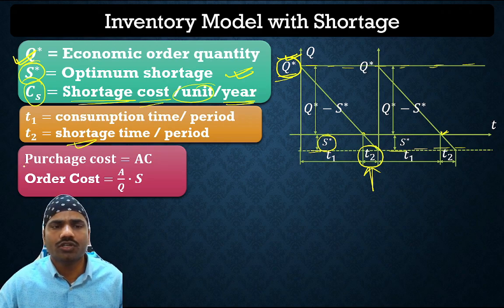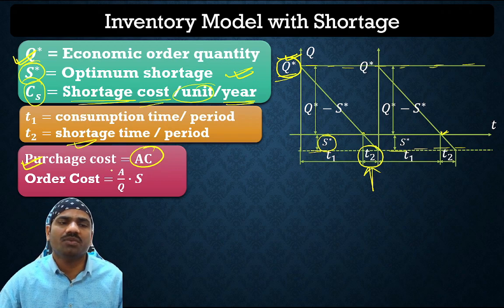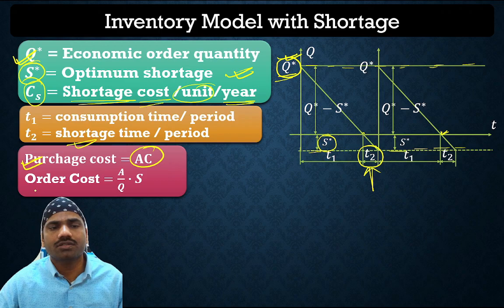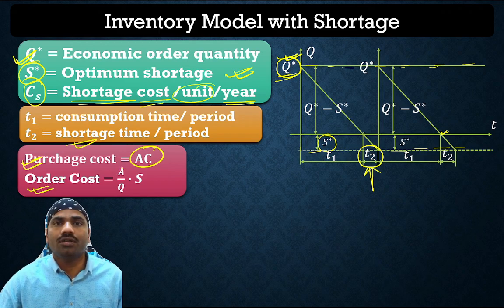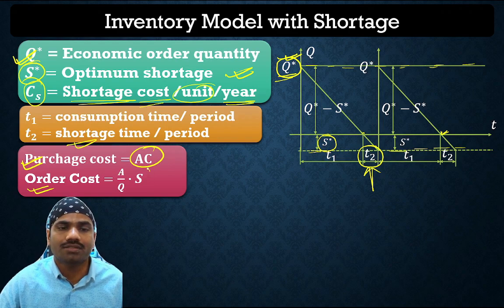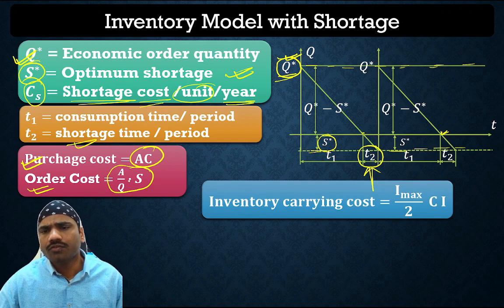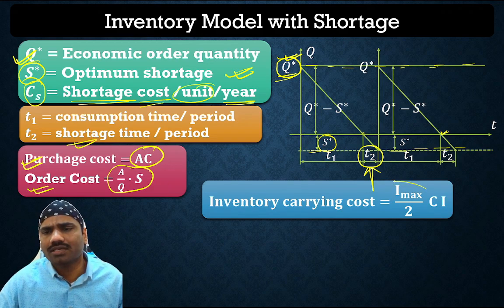Here we have some costs. One is the purchase cost, that is the fixed cost, and that is A into C. We also have the ordering cost, which is A by Q into S, like in the earlier first model. We also have the inventory carrying cost, which is maximum inventory by 2 into CI.